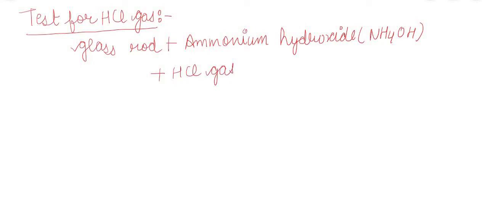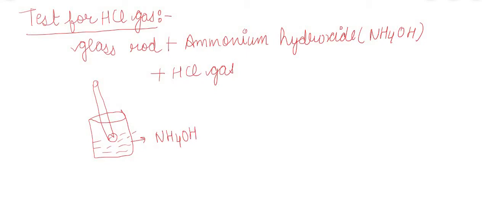Just take a glass rod and dip that glass rod in a beaker containing the solution of ammonium hydroxide, that is the solution of NH4OH.